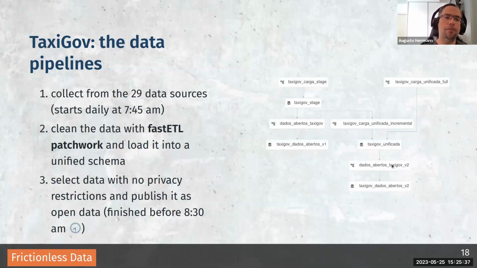We collect data from those 29 sources, then clean it with FastETL patchwork and load it into a unified schema. So 29 different data sources with different schemas, and at the end we have a single schema. And for open data, we must also take out the parts of data that have privacy restrictions or some sensitive data.